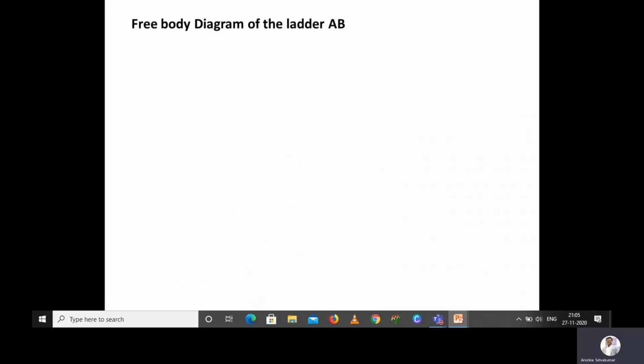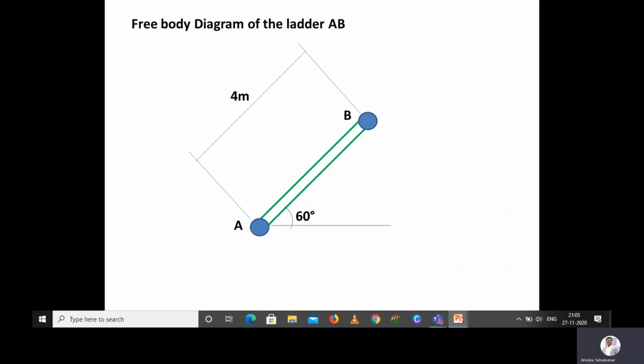We will draw the free body diagram of the ladder AB. The ladder AB is making an angle of 60 degree with horizontal. The total length of the ladder is 4 meter. From the top of the ladder, at a distance of 3 meter, the man stands on the ladder.